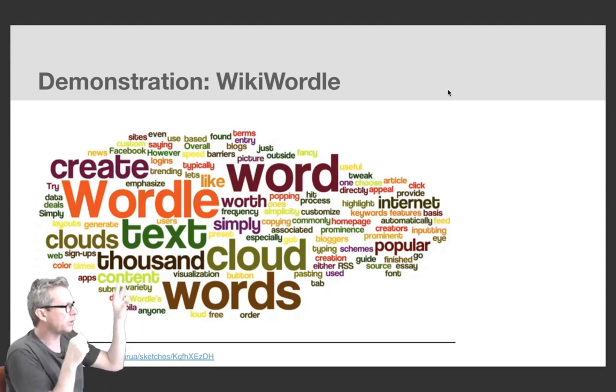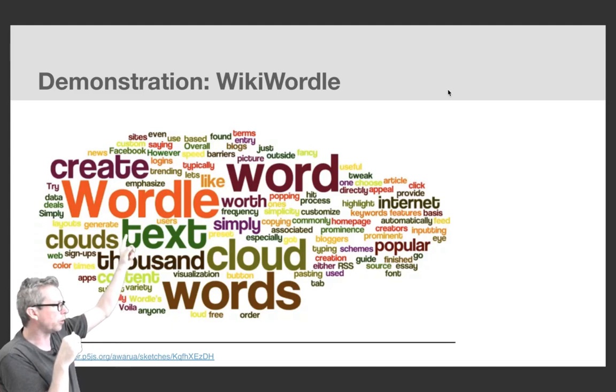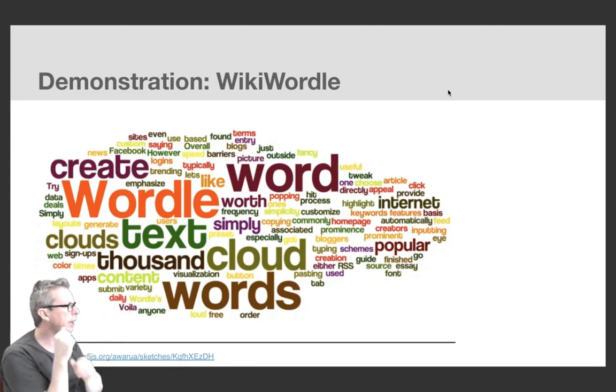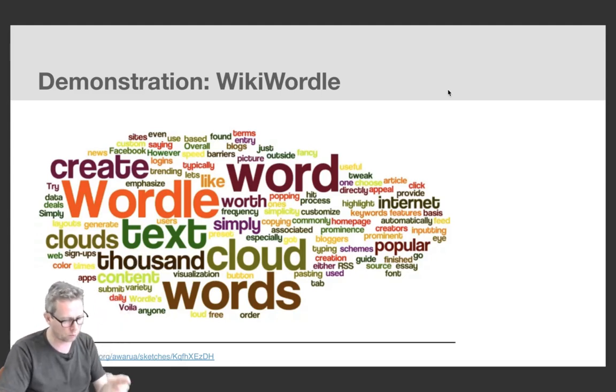And you can see some words are larger than others, like here Wordle is really big, but loud and free, if I can point to that, is smaller. That means basically that the word Wordle, or the word text, occurred more in the original text that was uploaded for this Wordle than the word anyone or voila. Okay? So we're going to do the same thing.